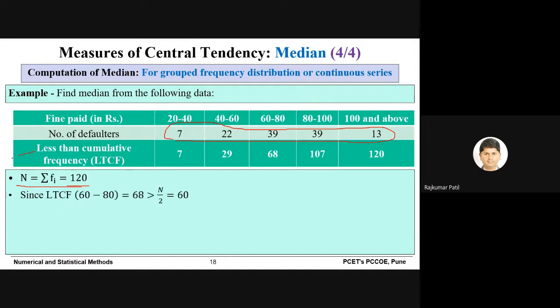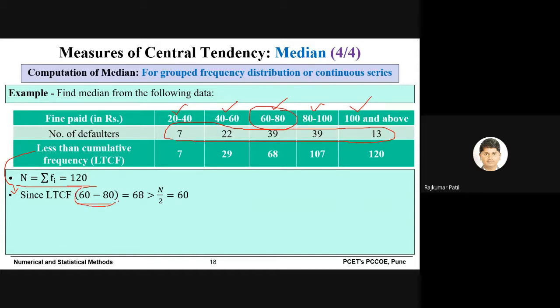Then the less than cumulative frequencies. You can see there are 5 ranges: 1, 2, 3, 4 and 5. The middle one is 60 to 80.